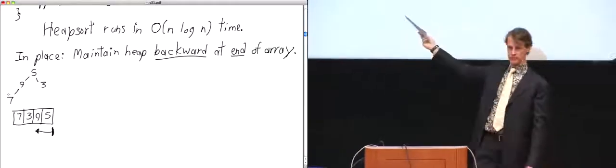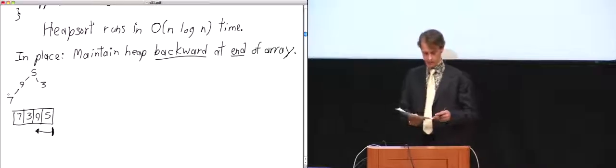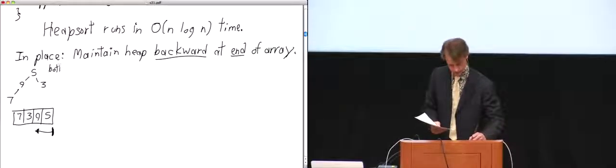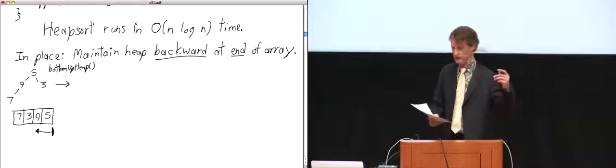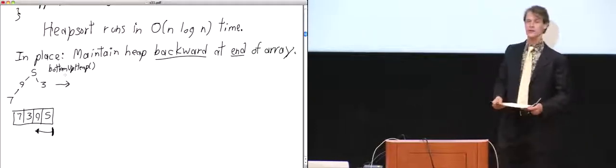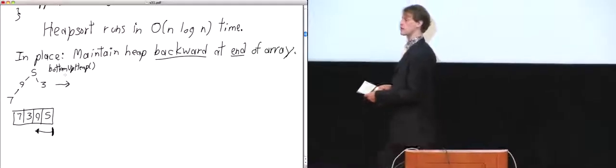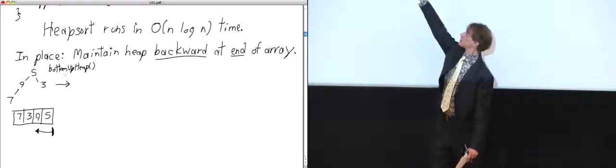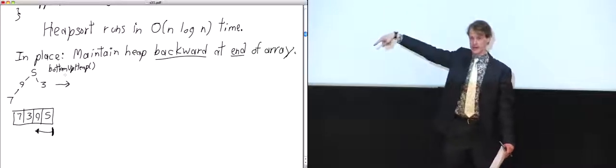This is not a heap yet. We need to run the algorithm called bottom-up heap that will convert this into a heap by a sequence of swaps. And so when you do bottom-up heap, it goes through the internal nodes of the tree in reverse order and bubbles them down. So it starts with the 9, bubbles the 9 down.